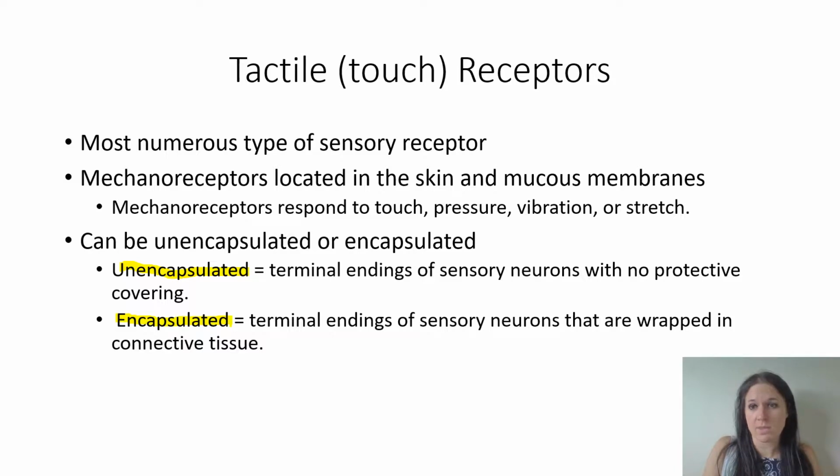Okay, so unencapsulated, let's just draw our receptor here. Okay, so here's our receptor, and encapsulated, we're going to have the receptor, okay, and it's going to be wrapped in connective tissue.